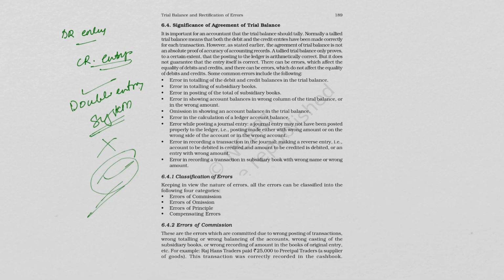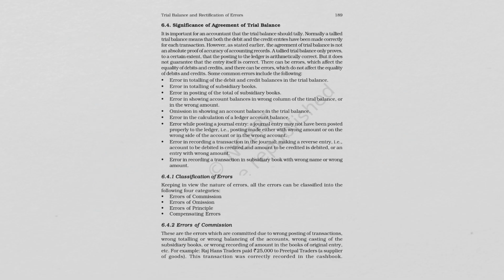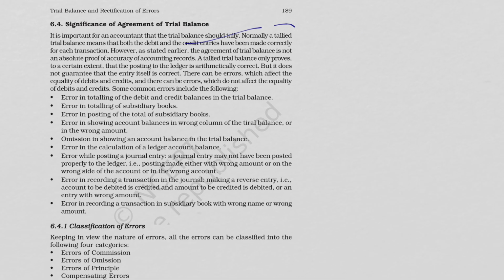Now, why may a trial balance still contain errors? Let us see. Even if the trial balance tallies, errors can still exist. This happens because some mistakes do not disturb the equality of debit as well as credit totals. Suppose goods were purchased for rupees 5,000 from Ram.